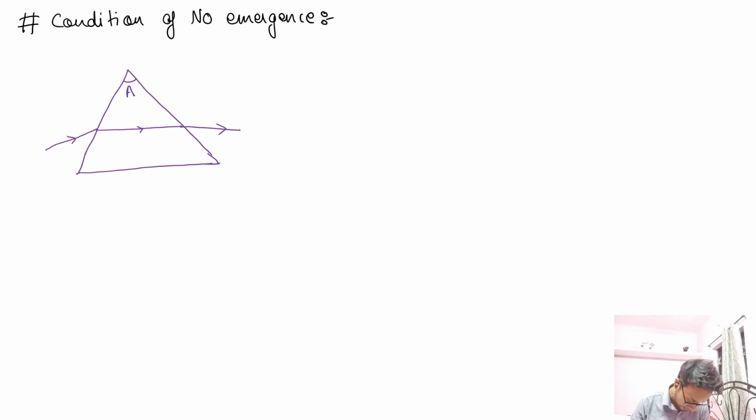This is the surface, this is I, this is R1, this is R2, this is E. My condition is, what is the minimum value of A so that all the rays totally internally reflect here. Can I say A is equal to R1 plus R2, or R2 is equal to A minus R1?